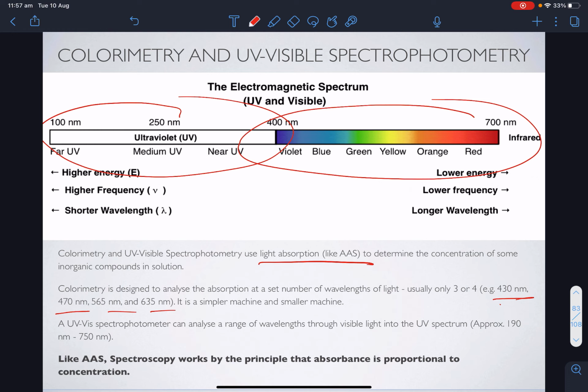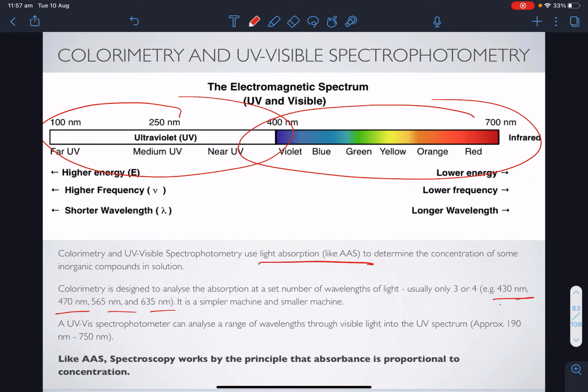UV vis spectrophotometry, though, so using a UV vis spectrophotometer, offers all of the wavelengths. Okay, it can scan all of the wavelengths and measure the change in absorption with the change of wavelength. A colorimeter can just measure absorption at certain wavelengths.